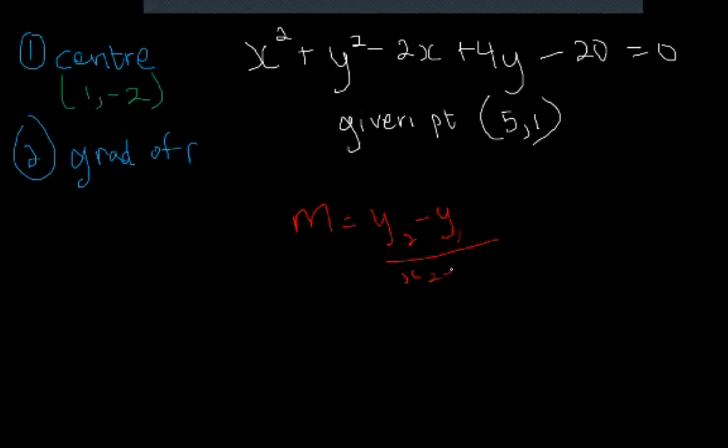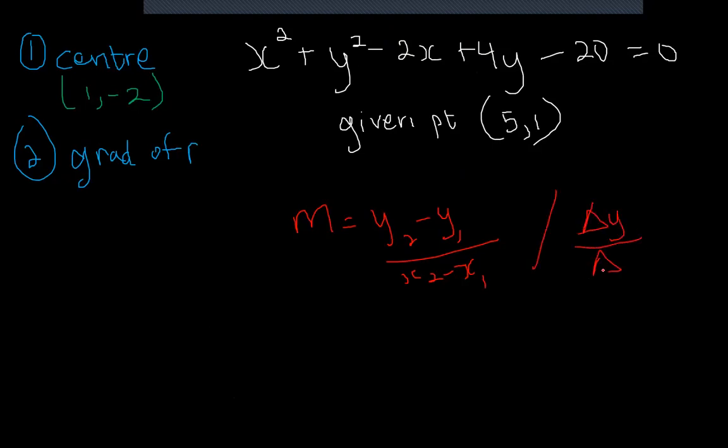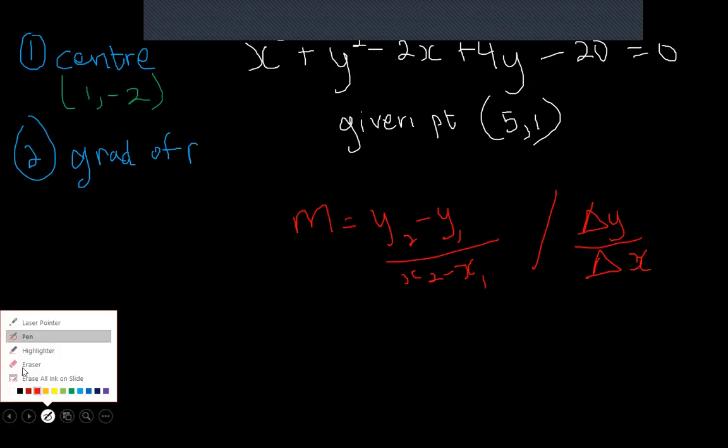They might learn the difference in my y values over the difference in my x values, or you might see change in y and change in x, which means the same thing. This is just to help you understand, to identify your y1, x1, y2, x2, substitute, done. This is just for your understanding, right?